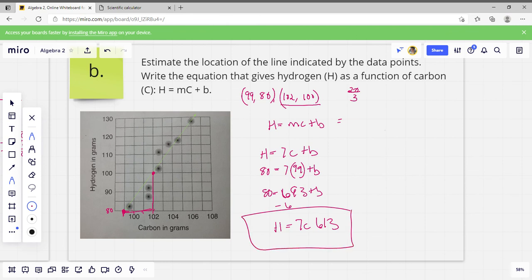The book's answer is H equals 3.88C. So their slope was a lot different than mine. Minus 753.33.